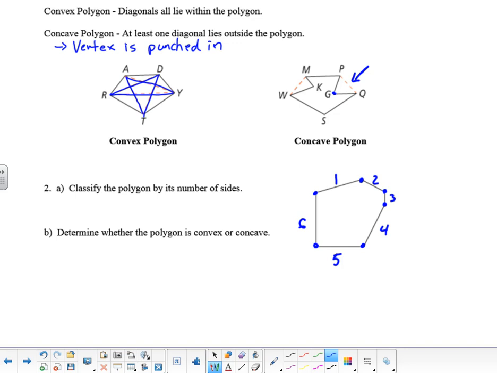So this would be a hexagon because it has 6 sides. All right, and determine whether this is convex or concave. Well, none of those points are caved in, meaning there are no diagonals that could be drawn outside of it. And so therefore, this would be a convex polygon.